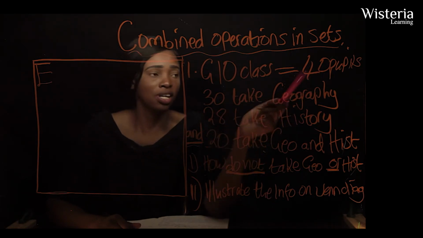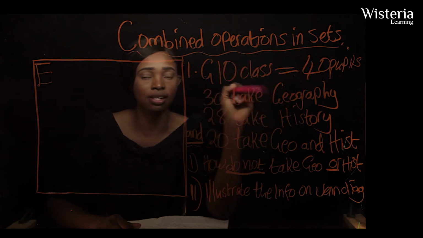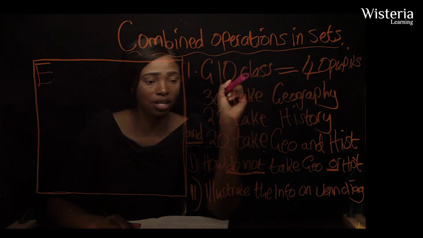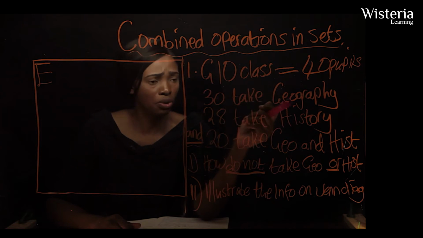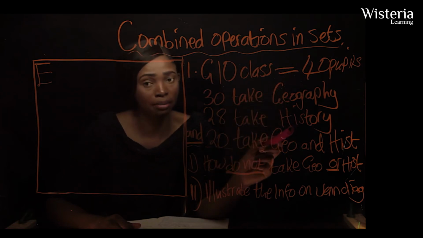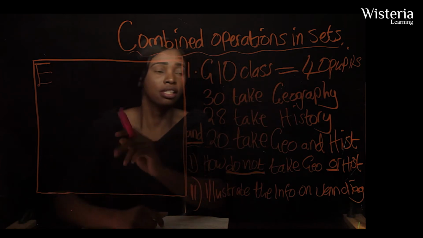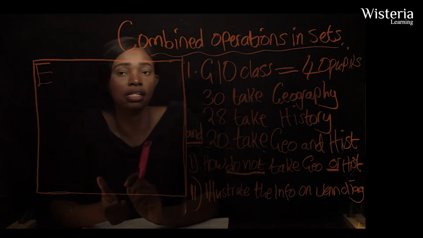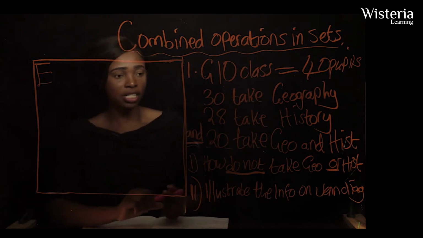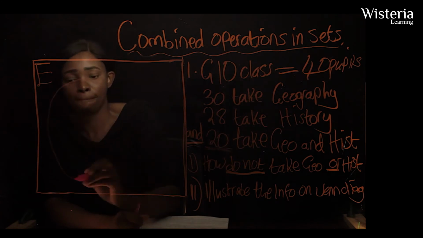So as we illustrate this information, we should first start with the intersection set. The intersection set represents the number of pupils who take geography and history at the same time. So we're going to write two subsets in this universal set, and these subsets will be joint, because they have an intersection set.